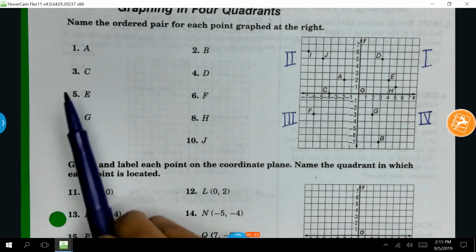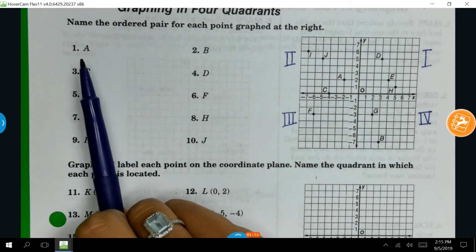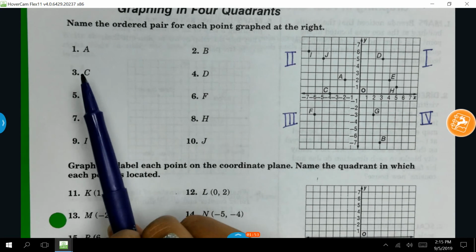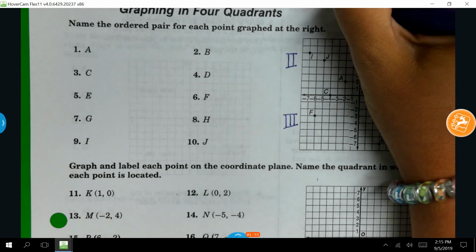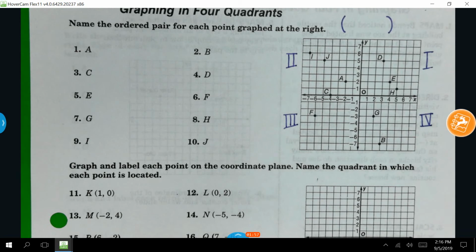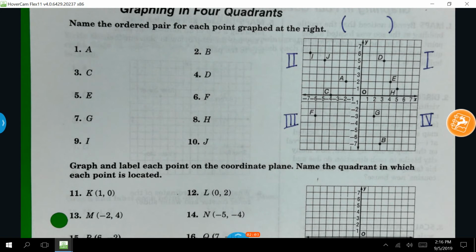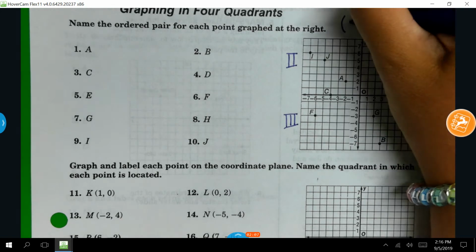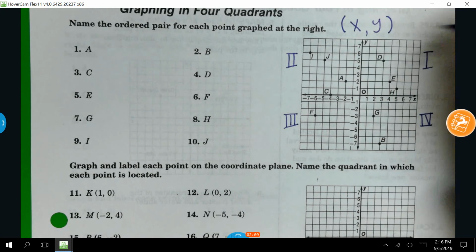Okay, so let's look at our ordered pairs. So number 1, we're trying to find the ordered pair of A. First off, what does an ordered pair look like? What comma what, Jet? It's your x coordinate first, and then your y coordinate second.